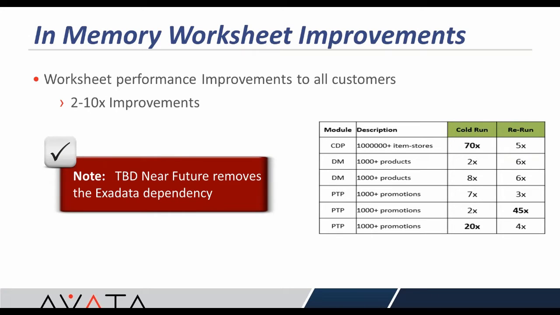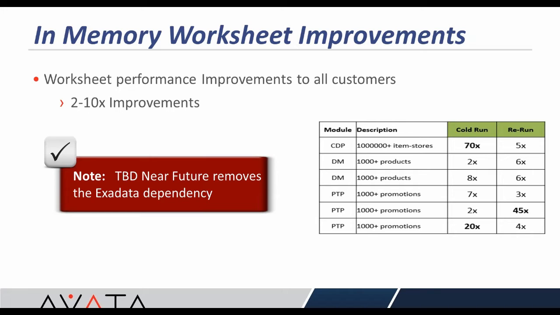The other thing that many of you probably are aware of, the IMCDP does come with Exadata. You can't buy it standalone without Exadata. A little birdie told me that in the near future, Oracle is going to break up that requirement and allow customers to actually buy the in-memory consumption-driven planning Demantra module without forcing them to buy the Exadata hardware.